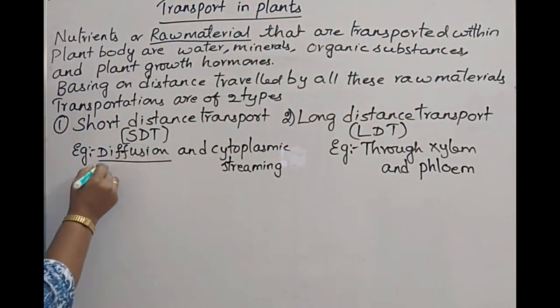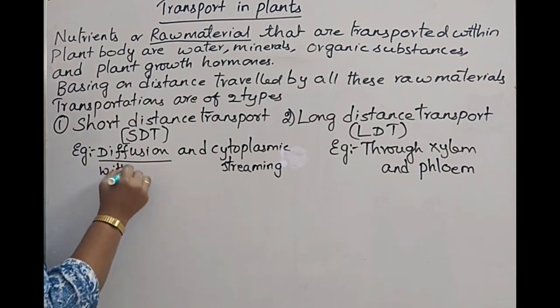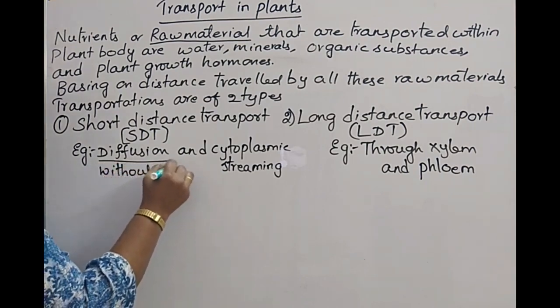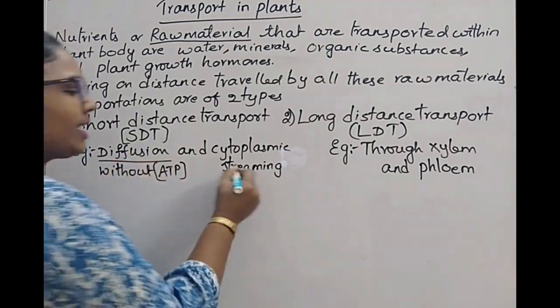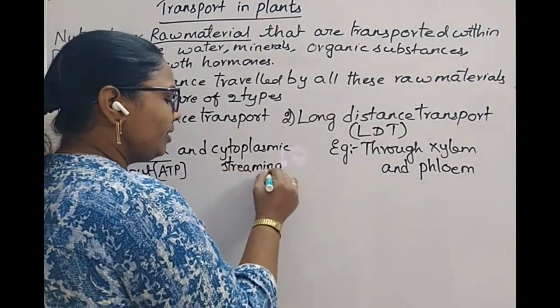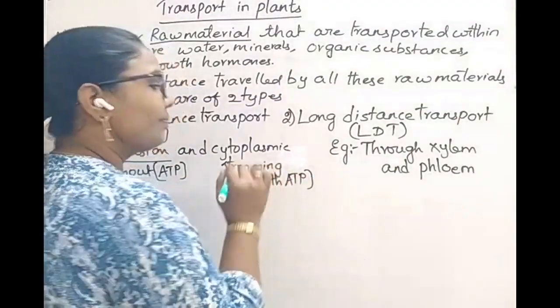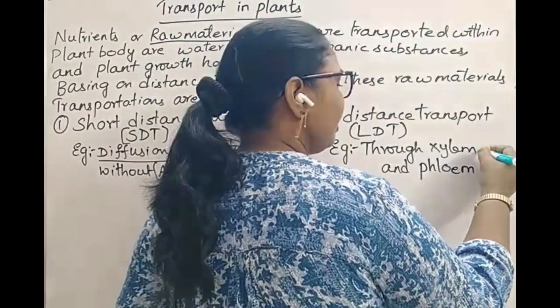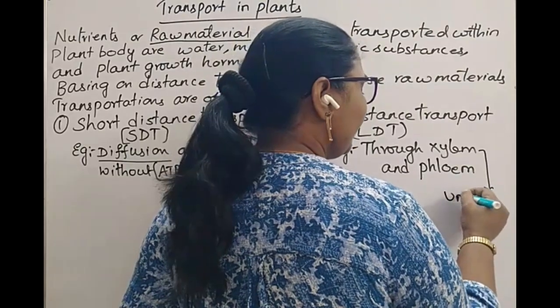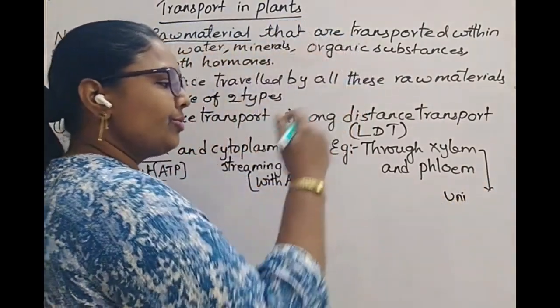The process of diffusion is without utilization of ATP, meaning energy. Cytoplasmic streaming is with utilization of energy, with ATP. The transportation through xylem is unidirectional, from roots to the shoot system.